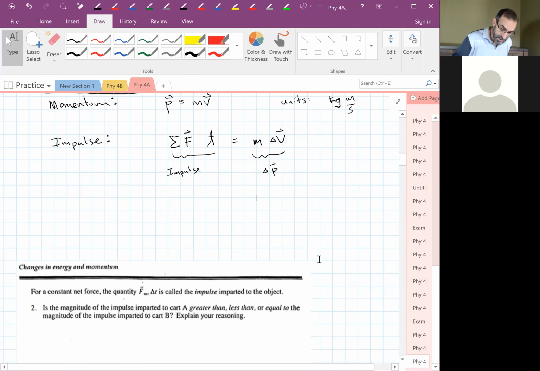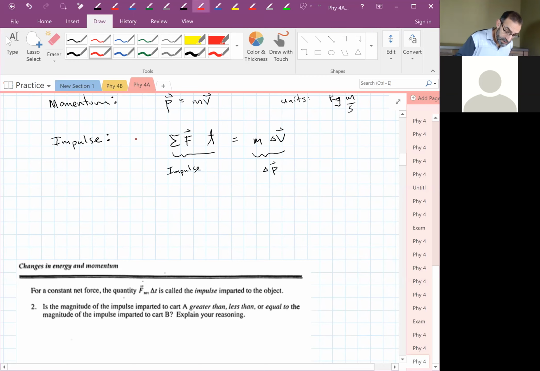I think our book uses I for impulse. Some books use J, some use I. Capital I is the impulse. Force times delta T, mass times velocity. I'll just write them all out like that in a row.